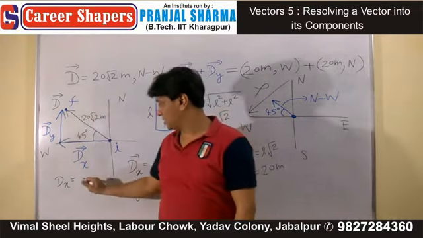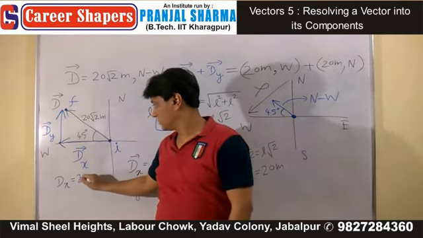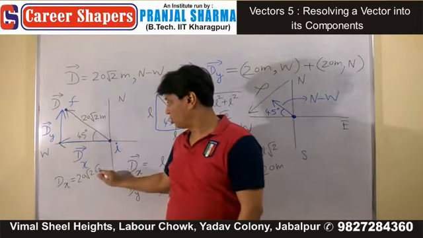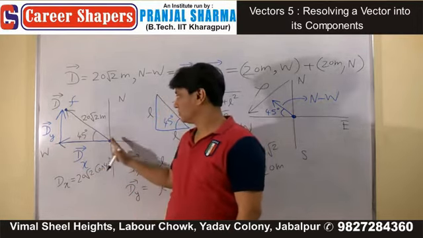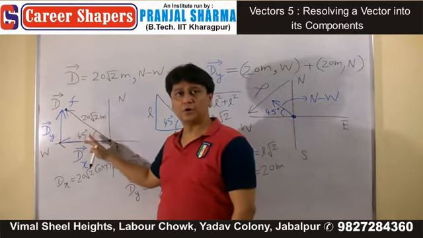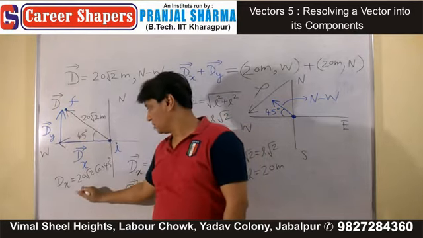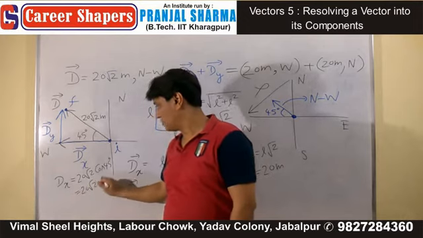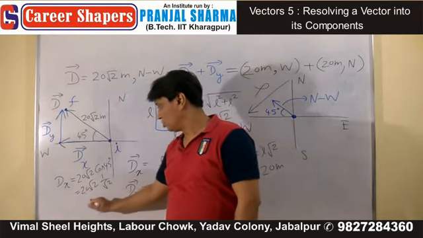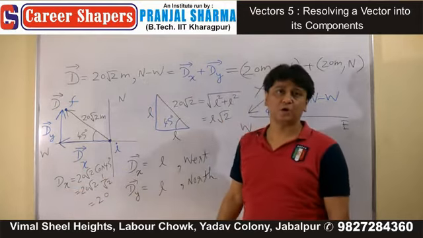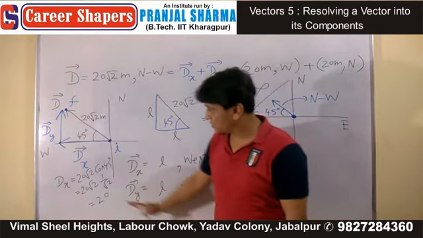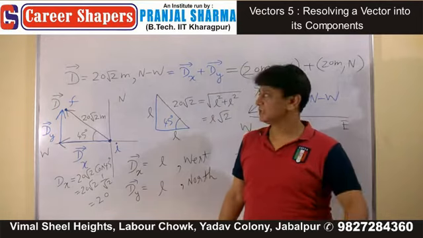Length of the main vector into cos of theta, which is 45. Length of the main vector into cos of 45. What is cos of 45? 1 by root 2. Root 2 and root 2 are gone, you get your dx as 20. You can do this whole thing this fast.